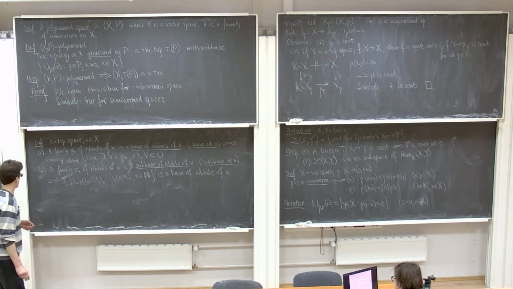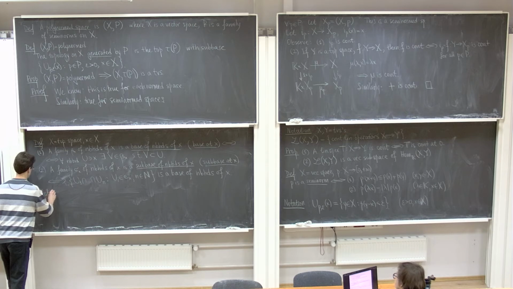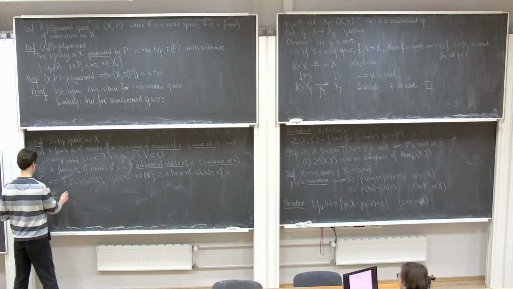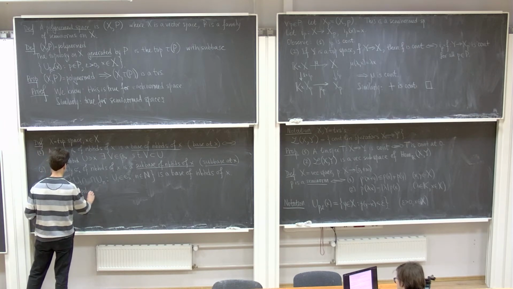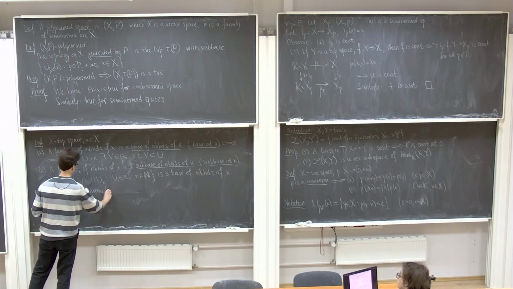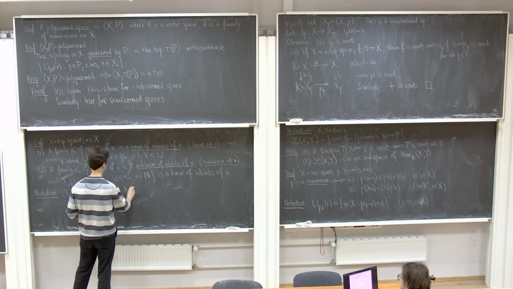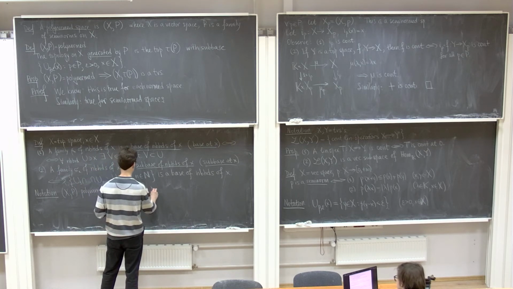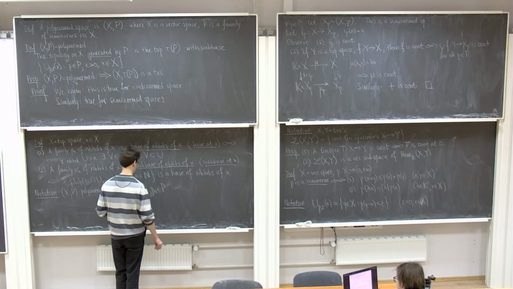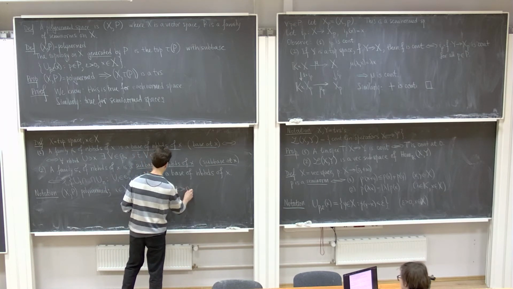Okay, so now let's come back to polynomial spaces and let's introduce some more notation. Suppose that we have a polynomial space, X_p. Suppose that little x is a point in our space, and let's take finitely many semi-norms, p_1 to p_n, in our family, and a positive number epsilon.